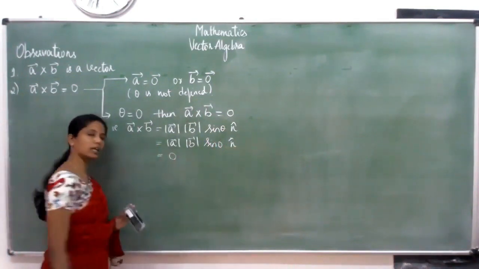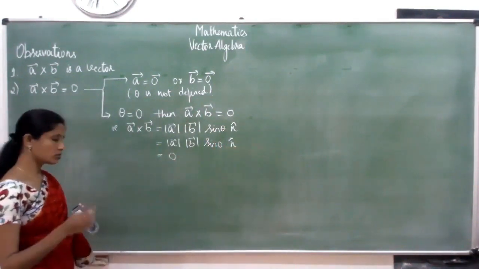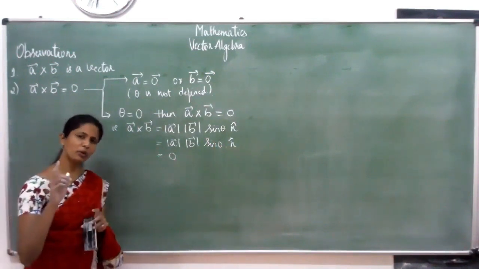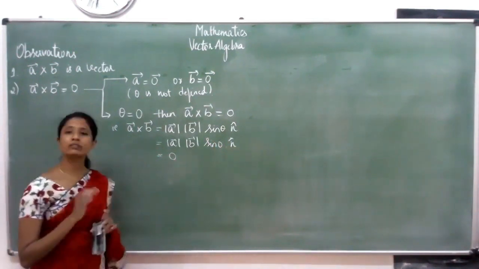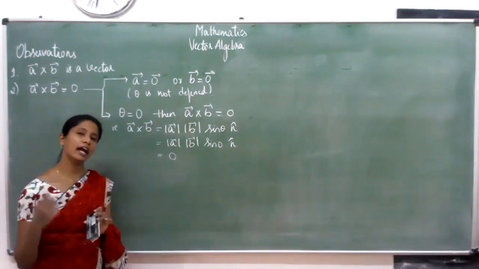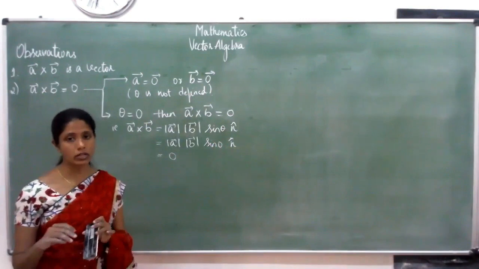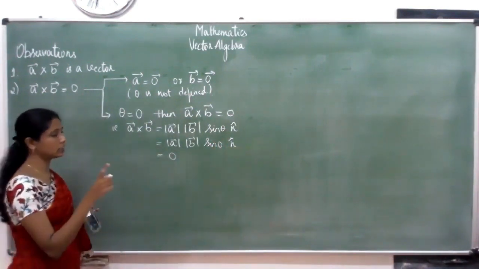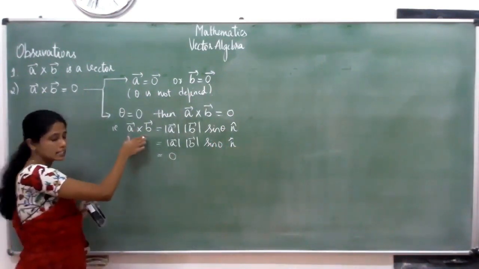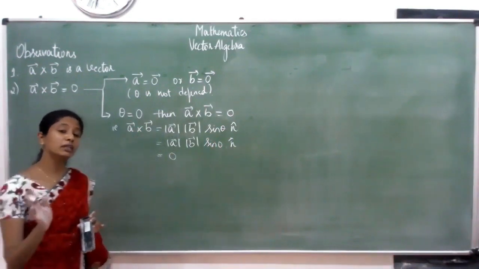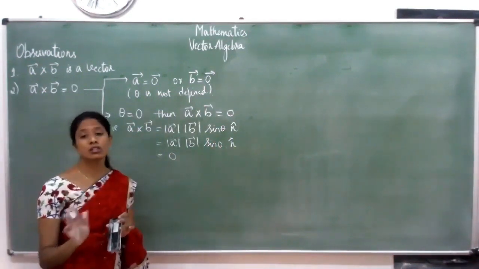Therefore, 0 into anything is 0 again. So, in the case when theta is 0, we say that vector A cross vector B is equal to 0. But you should make sure that in this case, A and B are both non-zero vectors.